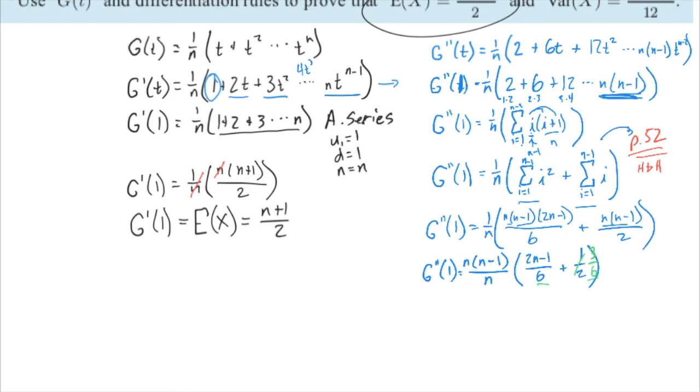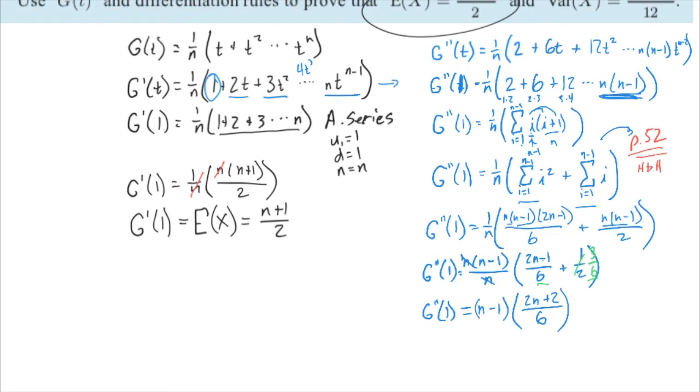Now that they have a common denominator, I can put them together, giving me that g double prime of 1 is equal to, look at that, those cancel out. n minus 1 times 2n minus 1 plus 3 plus 2 over 6.